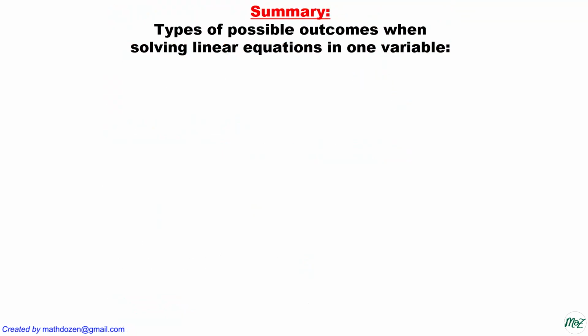So as a summary, when you're solving linear equations and going through all the basic steps mentioned in this video, here are the outcomes that you can expect. You will have one solution that's non-zero. So you can get any real number in fractional or non-fractional form, but it's going to be one number.